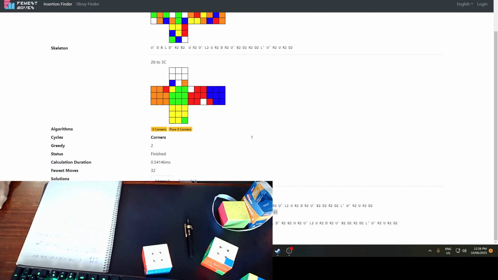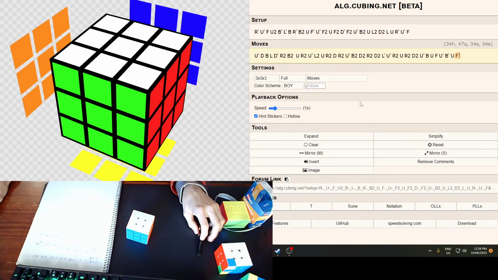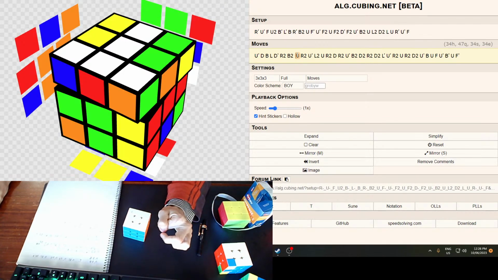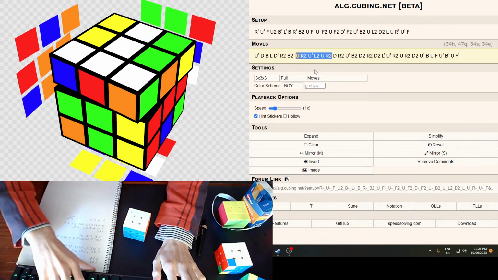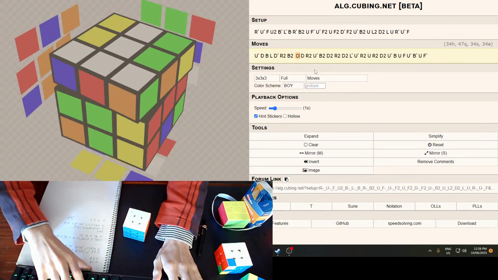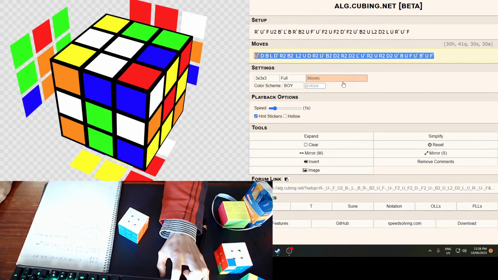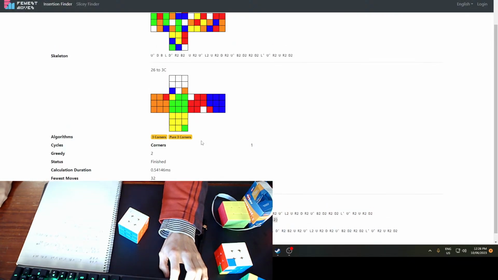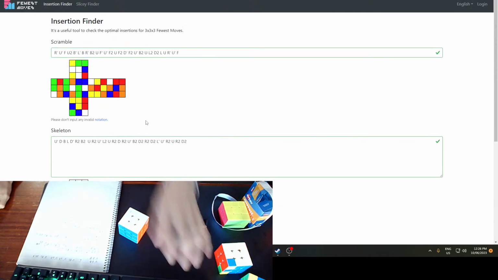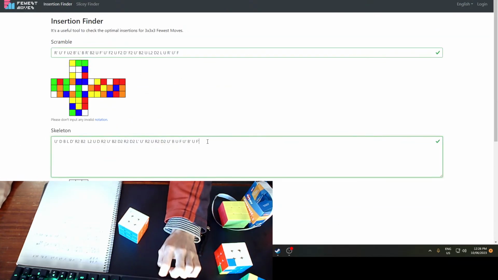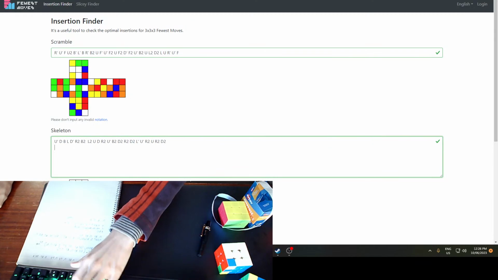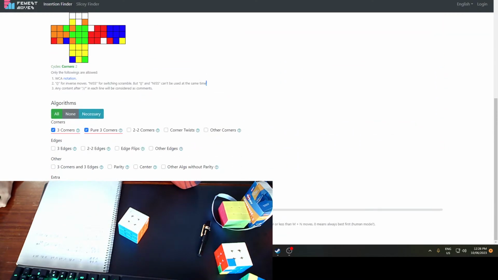Okay. That's not awful. That is not awful at all. So after this B2, this is my commutator. After this R2. And then I can put in L2, U, and now I can see what Insertion Finder would find from that. 2 corner cycles.